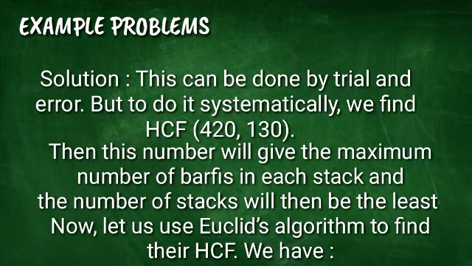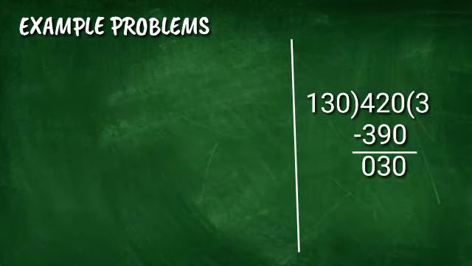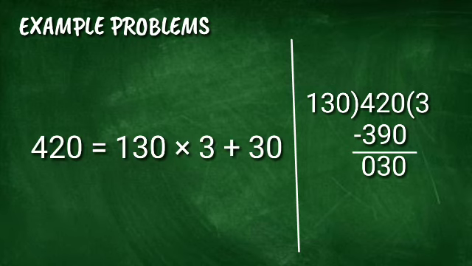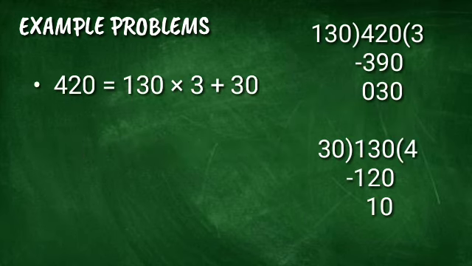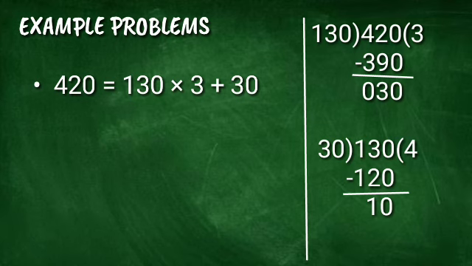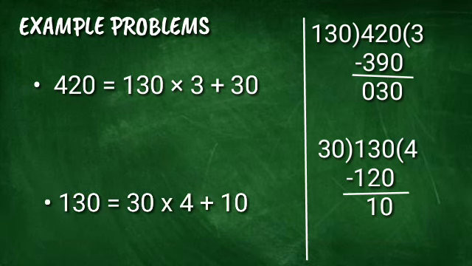Now we have 420 and 130. Divide 420 by 130, then we get 420 is equal to 130 into 3 plus 30. Then continue the process, taking A is equal to 130 and B is equal to 30. Divide 130 by 30, and we get 130 is equal to 30 into 4 plus 10.